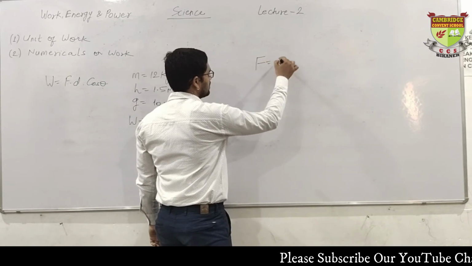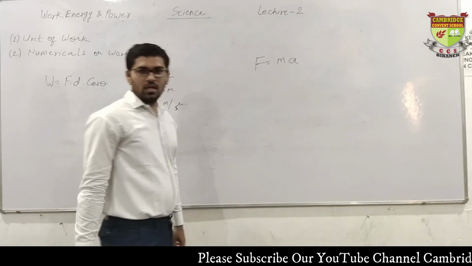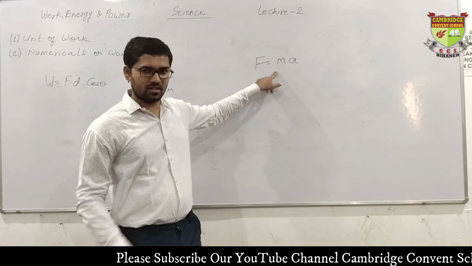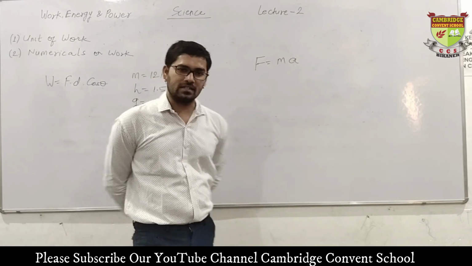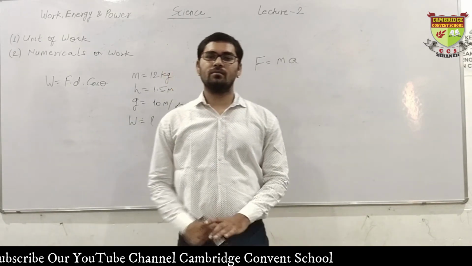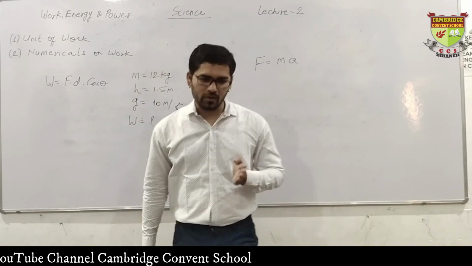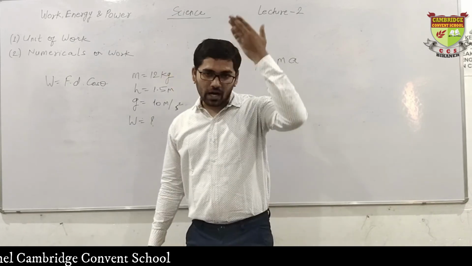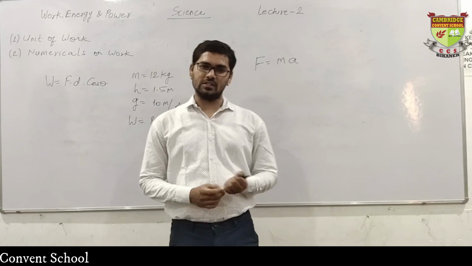How? See. First we are going to calculate force. What is force? Force is mass into acceleration. It came in class 9th. You must remember this. But sometimes acceleration is because of gravity, when we are moving in height. If I am moving on the road, then acceleration is taken as a. If I am moving up and down in height, then acceleration is always taken as small g.